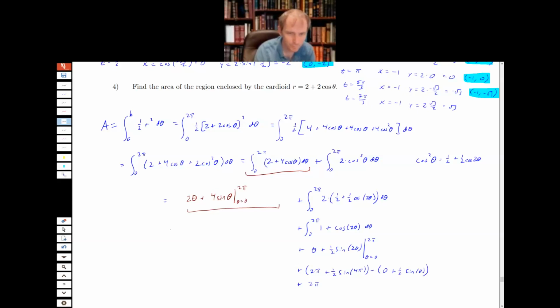Okay, and so when I plug in, I'm going to get 2 times 2 pi plus 4 sine of 2 pi minus 2 times 0 plus 4 sine of 0.